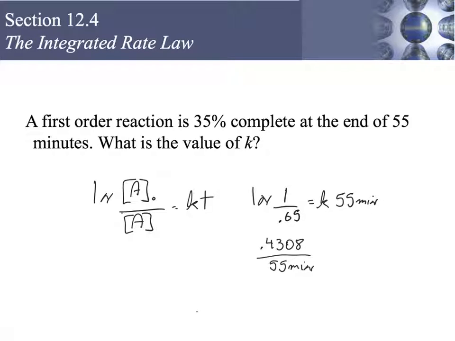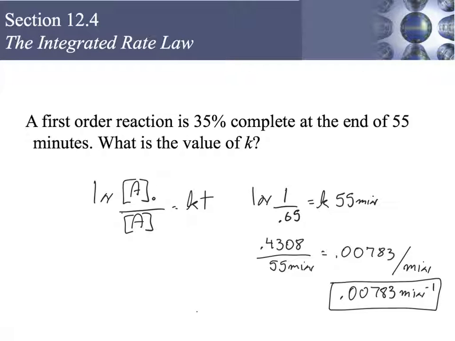When you do that, you're going to get 0.00783, and the units are inverse minutes. It's very common to write it like this.